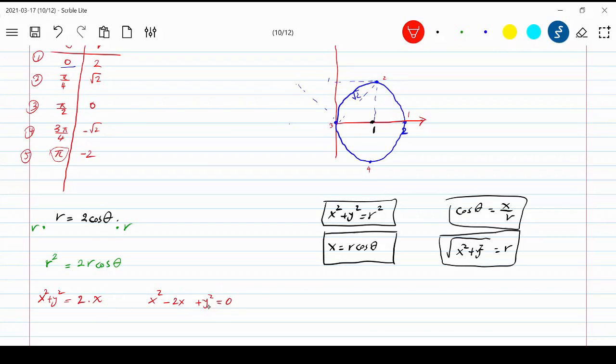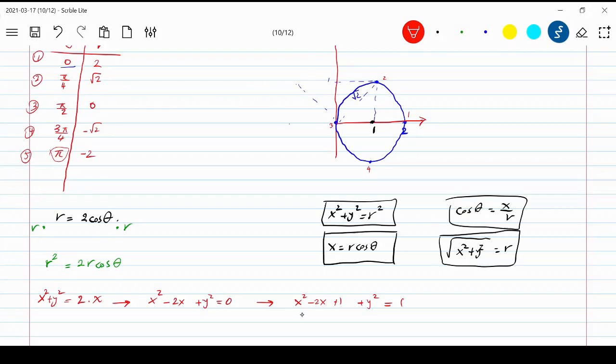If you add 1 to both sides of this equation, what you get is x squared minus 2x plus 1 plus y squared equals 1 plus 0, which is simply 1.